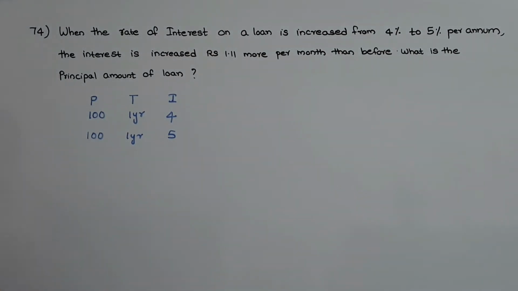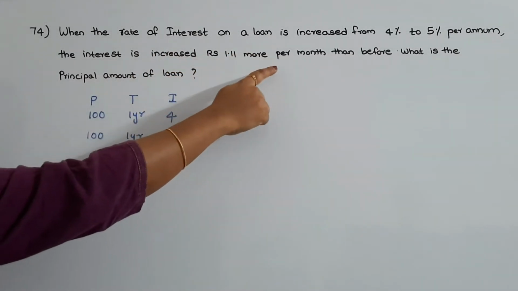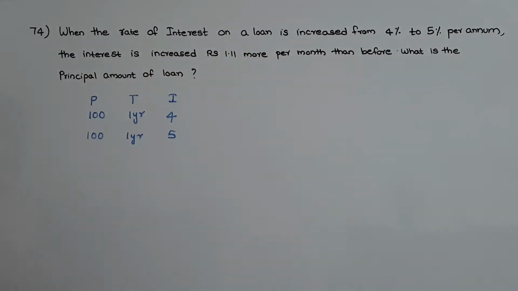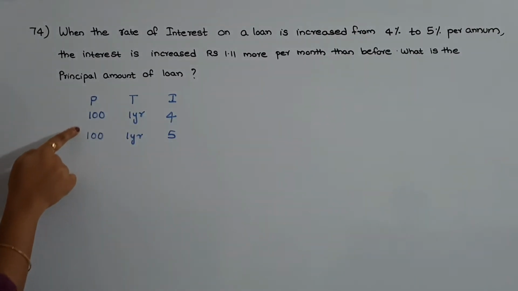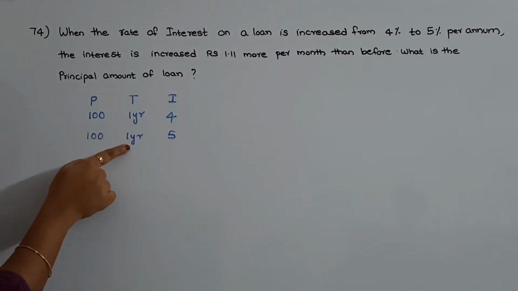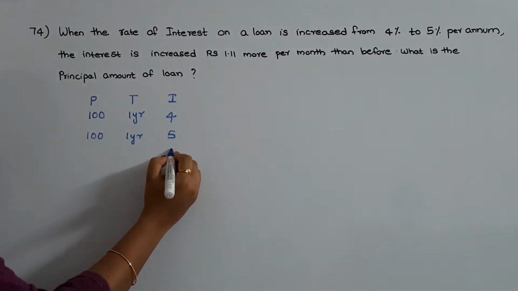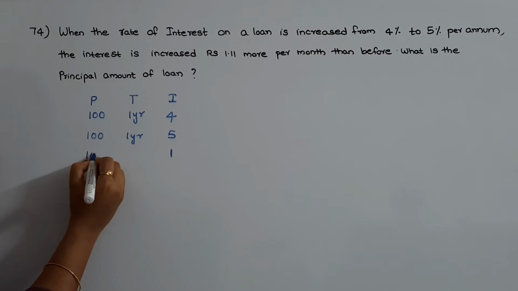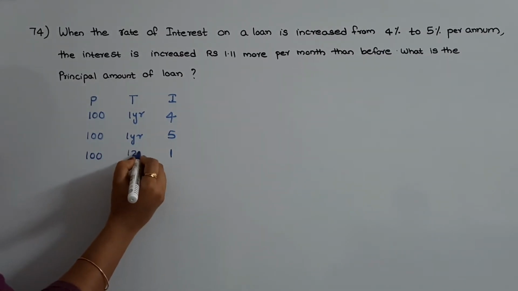Now, in the question, the difference in the interest per month is given as 1.11. So, let us find out the difference in this interest when the principal is 100 and the time period is 1 year. So, the difference between this will be 1 when the principal is 100 and the time period is 1 year. 1 year can be written as 12 months.